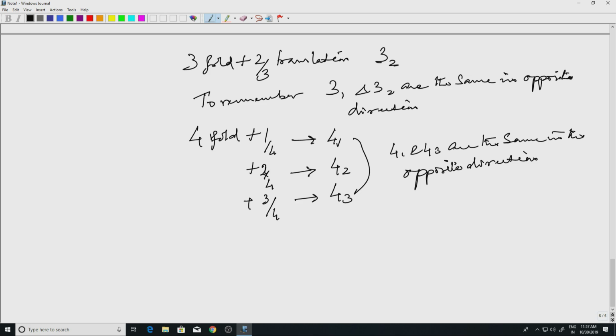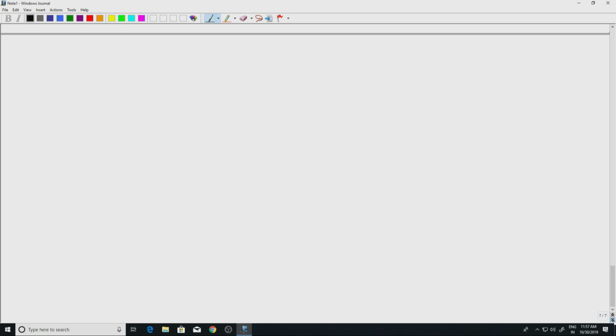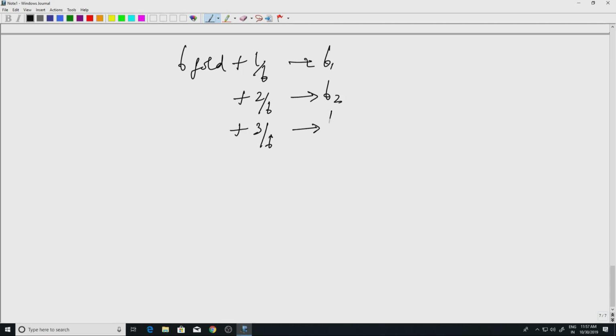Same way, sixfold plus 1/6 gives 6/1. 2/6 gives 6/2. 3/6 gives 6/3. 4/6 gives 6/4. 5/6 gives 6/5.